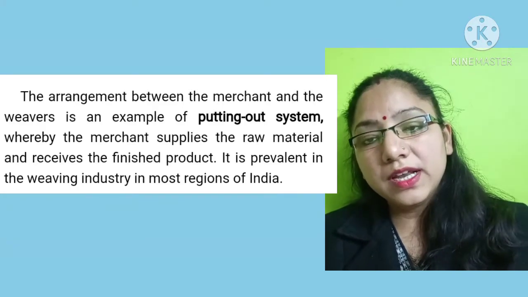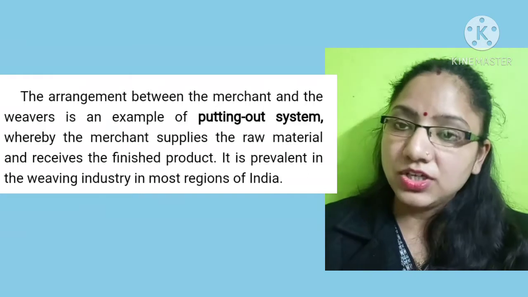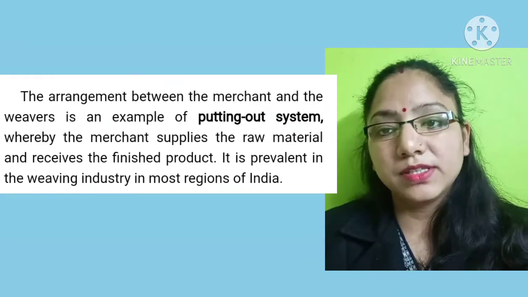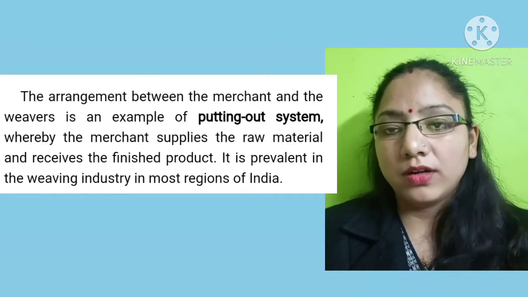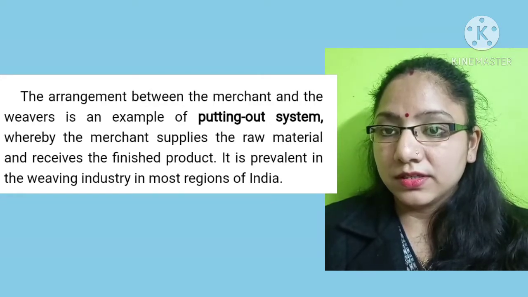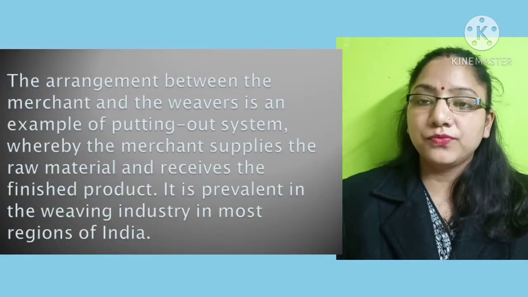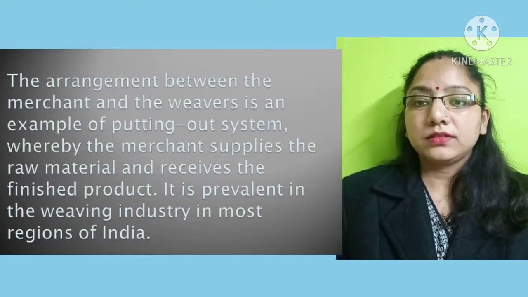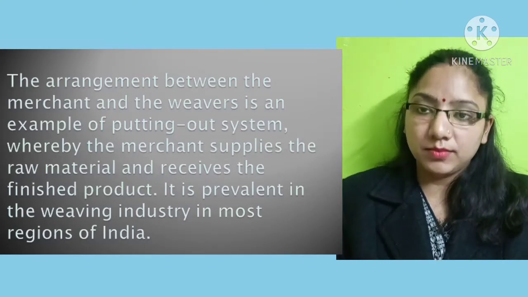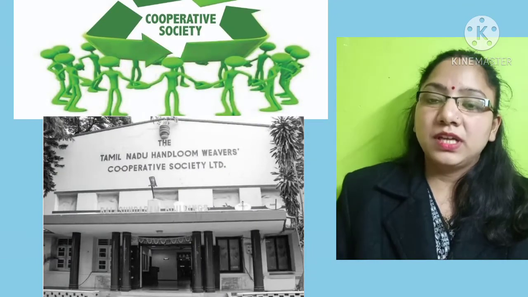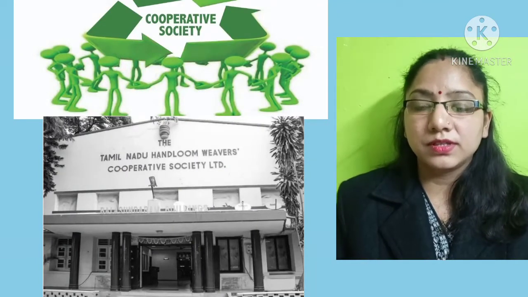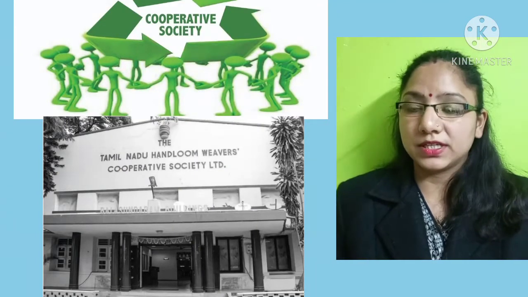So is there any solution for this condition, or does it remain the same for the weavers or the cultivators? Yes. After seeing this type of cheating, and the merchants getting the benefits, the weavers decided they have to do something about it.